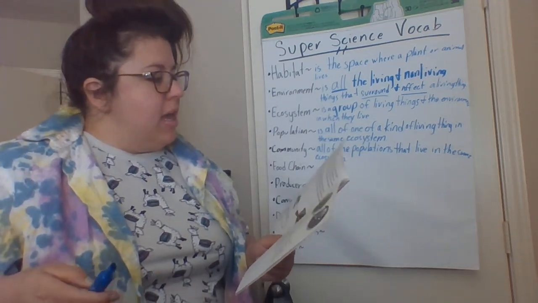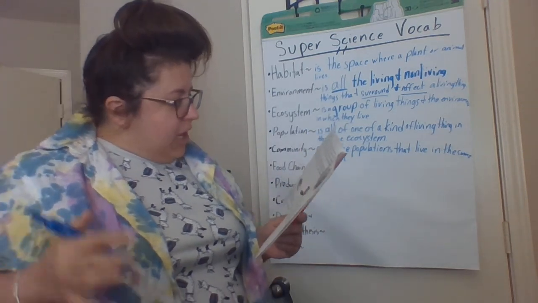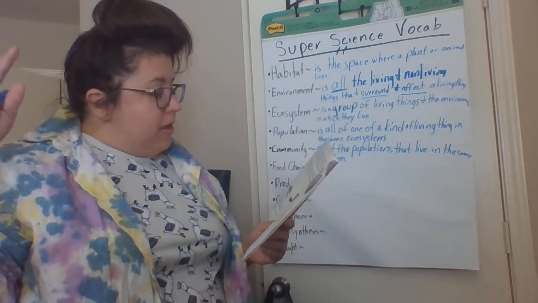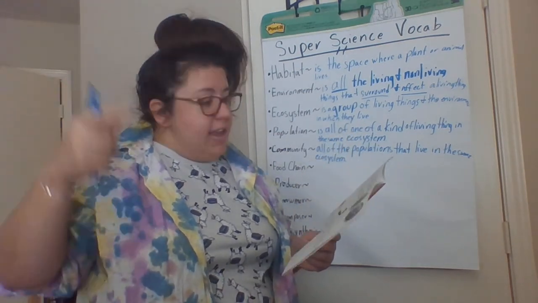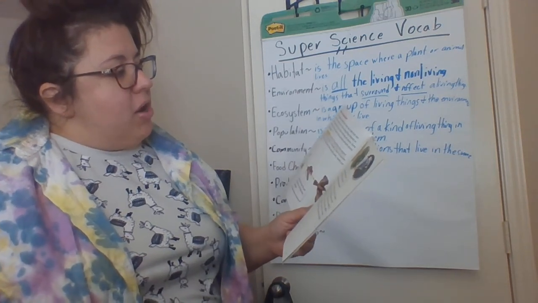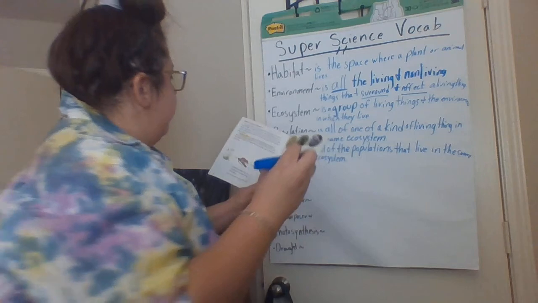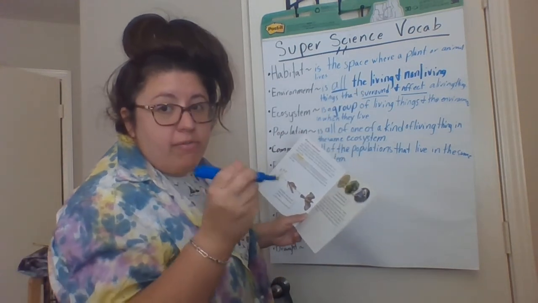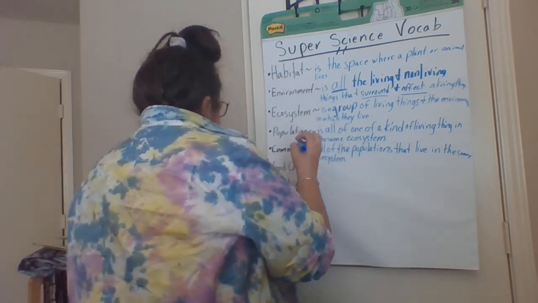So, a food chain, stop, collaborate, and listen. A food chain is a series of living things that depend on one another for food. So, I'm going to go ahead and follow along if you will.